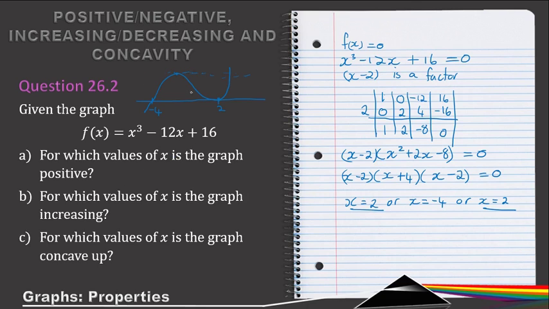So where is the graph above the x-axis? It's all the values that are greater than negative 4. So x is greater than negative 4, but it does not include the 2. So x does not equal 2, because our graph is actually 0 on the x-axis.